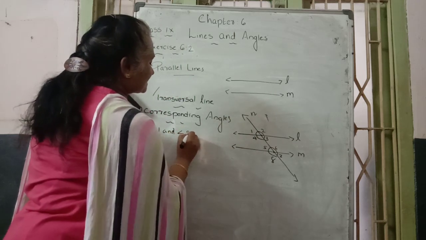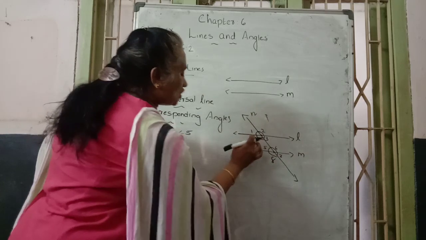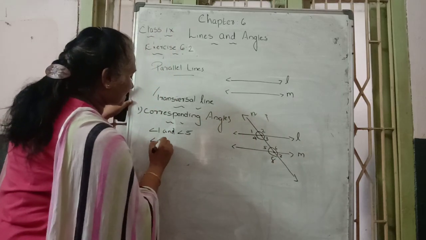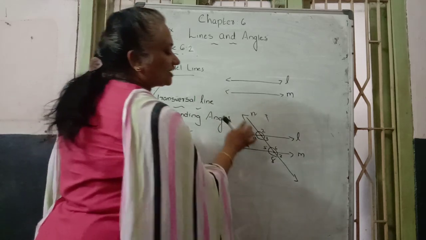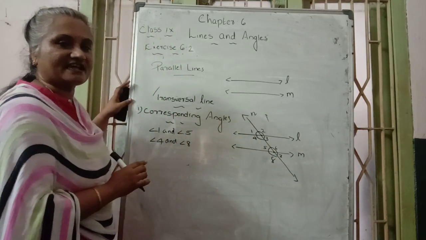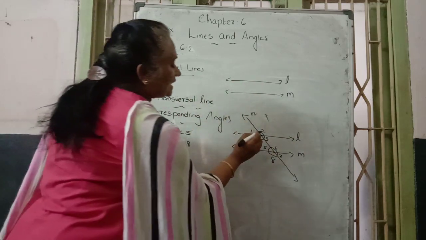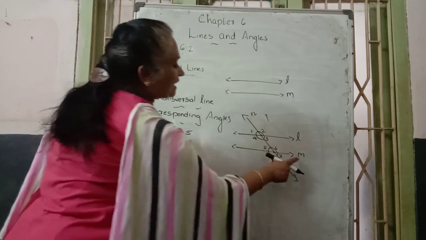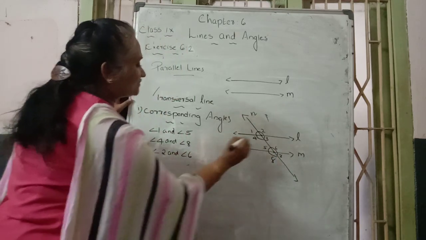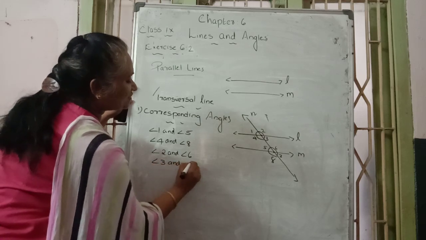So we can say that 1 and 5 are corresponding angles. The bottom angles, angle 4 and angle 8, are corresponding angles on the left side of lines L and M. On the right side, the top angle, angle 2, corresponds to angle 6 on line M. The bottom angle, angle 3, corresponds to angle 7.